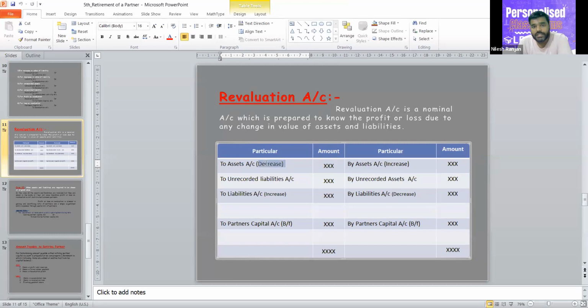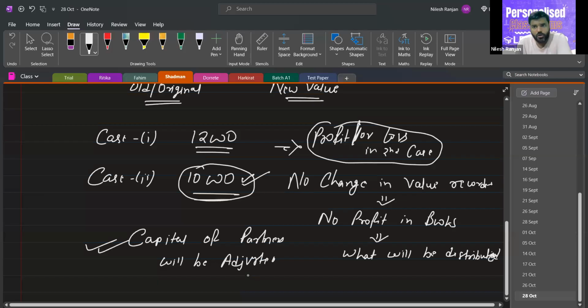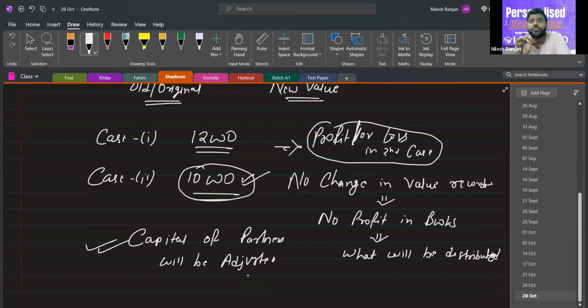So if there is no increase or decrease, it means there is no profit for distribution. Yes or no? Yes. Okay. But it is in the books only. So we will calculate profit or loss, not in the written format. We will just calculate in working mode, as a calculation.